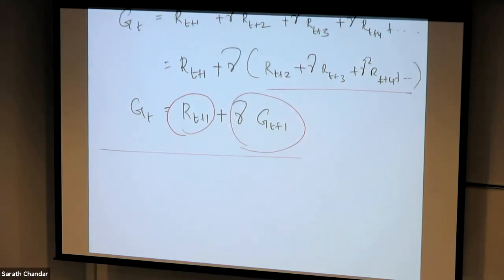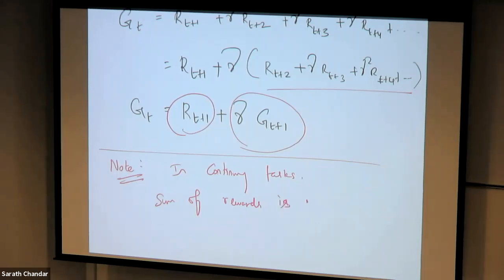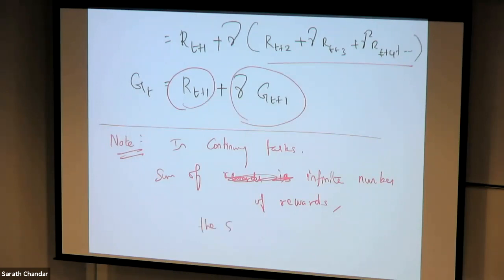Okay, so one quick note before we continue: in continuing tasks, even though it is a sum of an infinite number of rewards, so it's gamma times R_{t+2} plus gamma squared times R_{t+3} plus gamma cubed times R_{t+4} and so on, so there is no end, the sum is still finite.